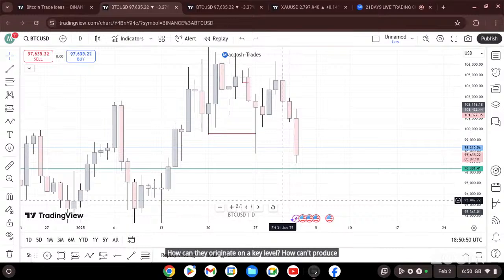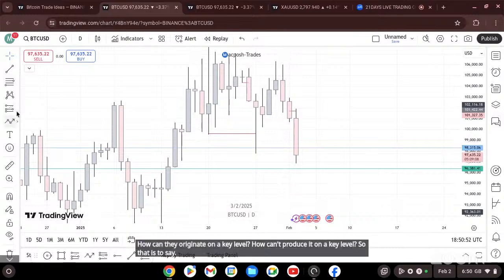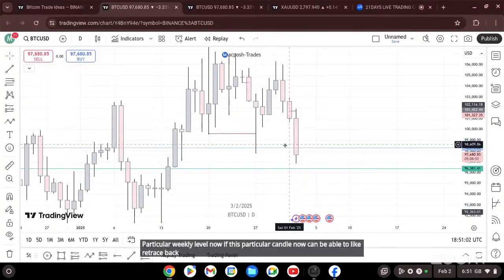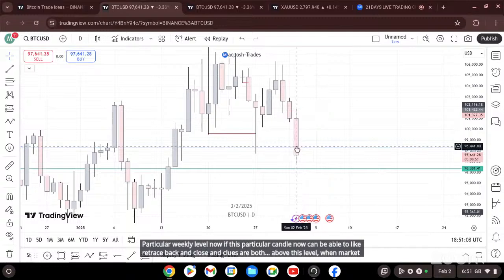So that is to say, on this particular weekly key level now, if this particular candle is able to retrace back and close above this key level when the market opens, then automatically I'll be bullish from tomorrow on BTC USD.